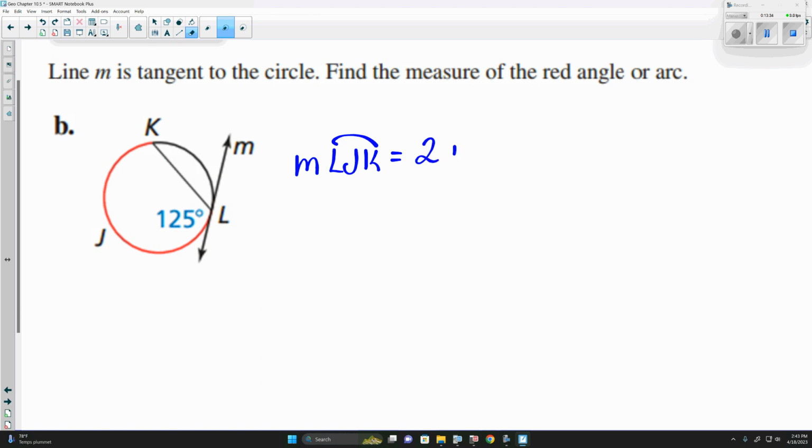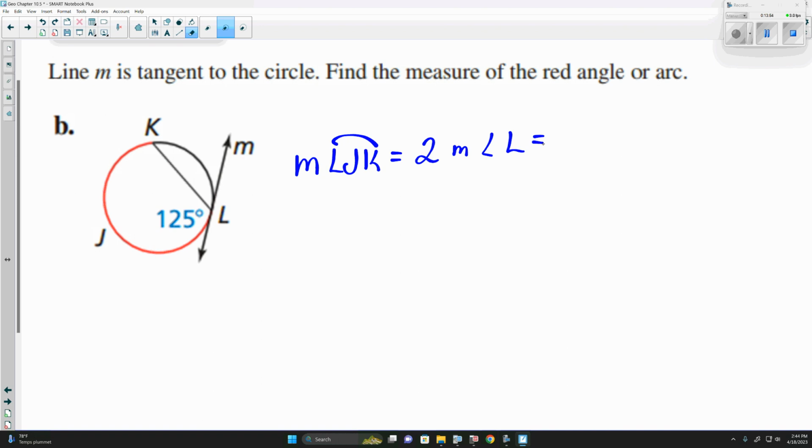Twice the measure of angle L. And we'll have to call it L because they did give us another point K, but they didn't give us a third point to actually name the angle. So twice the measure of that angle.